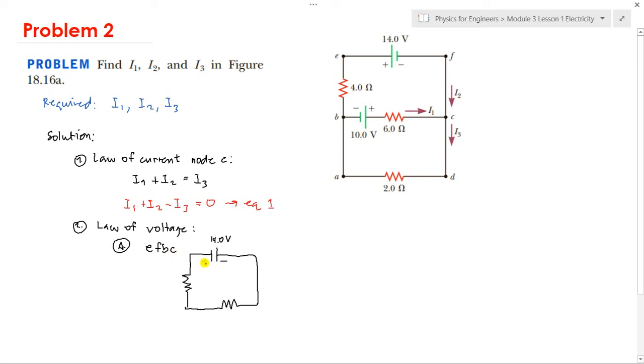Our sign convention in analyzing the loop: of course, normally the current travels from positive to negative.